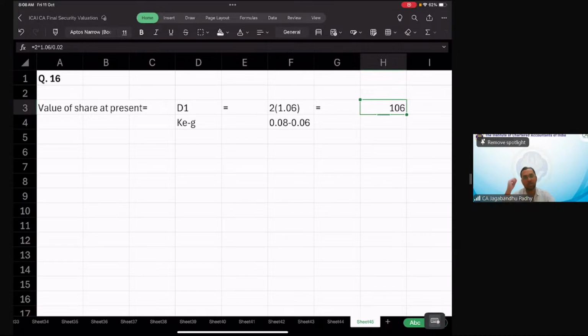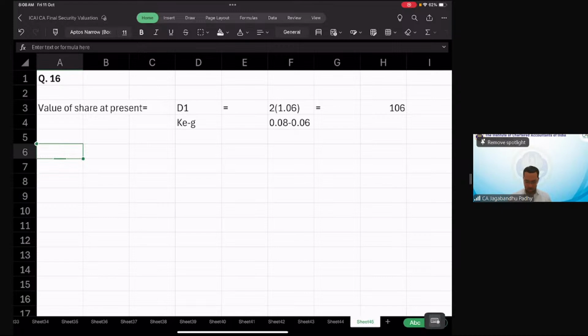Because you will be getting a share today on which you're not going to get any dividend for the next 3 years, but yes, you will be getting the dividend after 3 years.